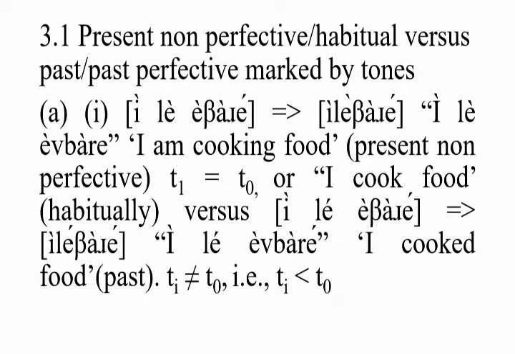So we have in A there, the first example is ile irai. That is, I am cooking food. That is, I'm cooking, as at the present, as you are saying, I am cooking food.